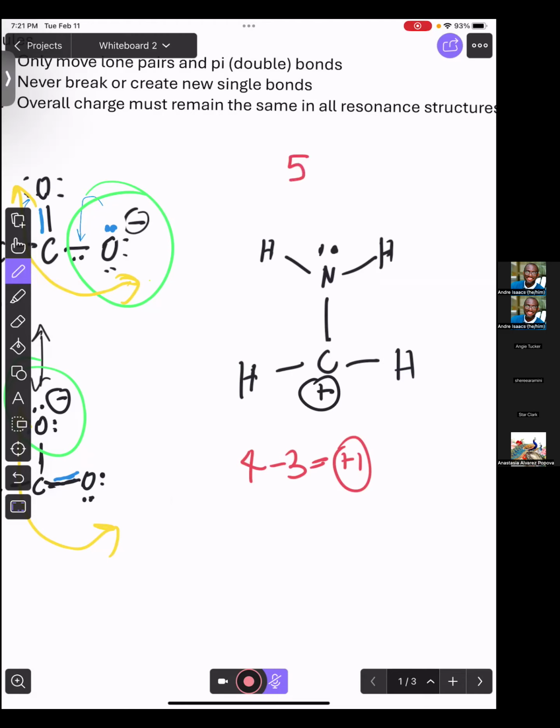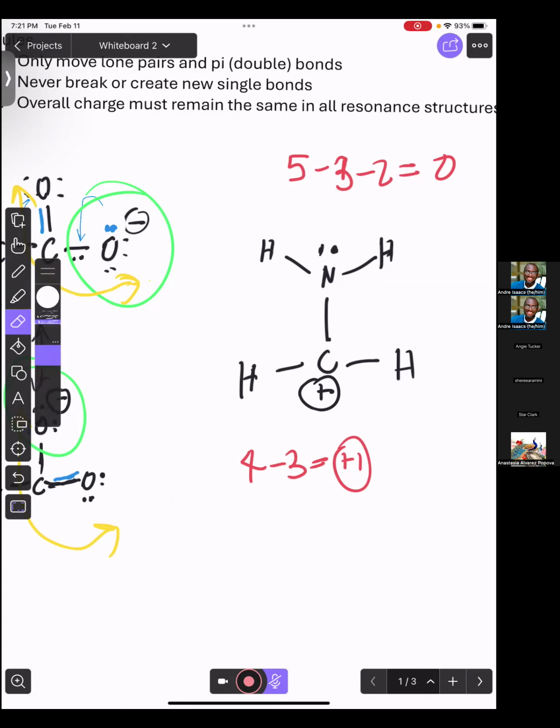Nitrogen's valence is 5, minus 3 bonds, minus 2 electrons, that is 0. That's why we don't have a charge. So this is the molecule, okay? And on your exam this weekend, I'm going to have you calculate this, to make sure you're constantly looking at everything that's drawn and putting in charges if they are needed.